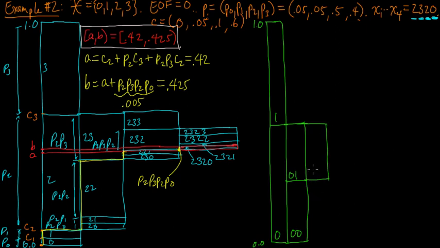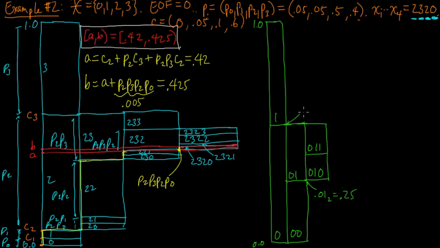And then we have 010 and 011. Let's compute these so we can see where we stand. 0.01 binary is a quarter, 0.25.